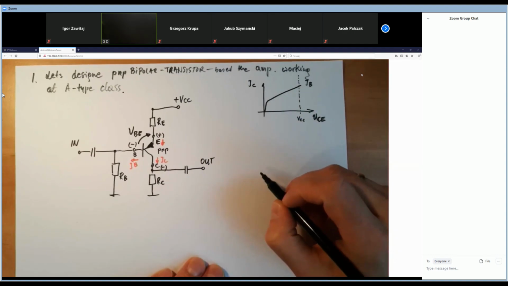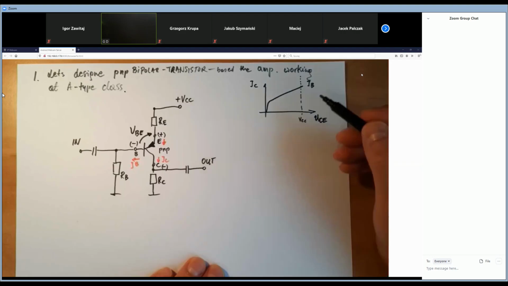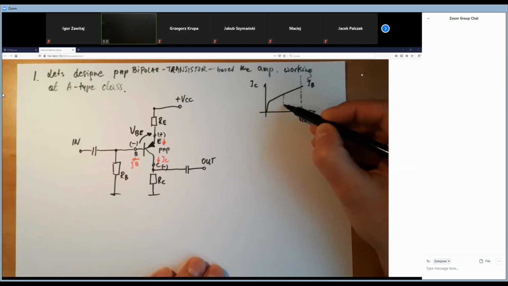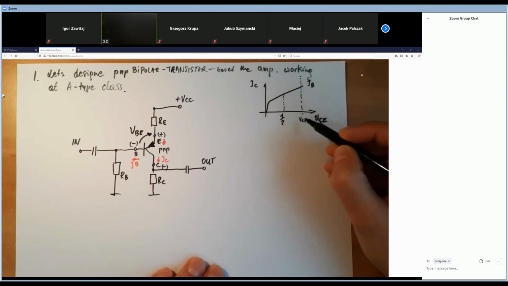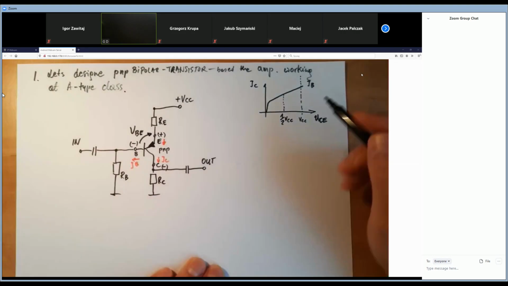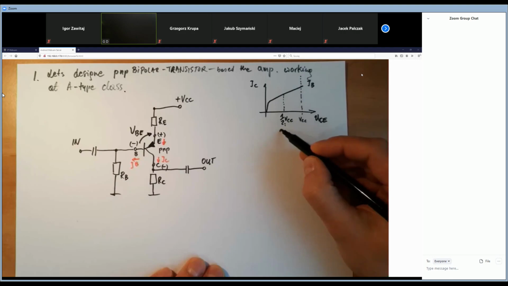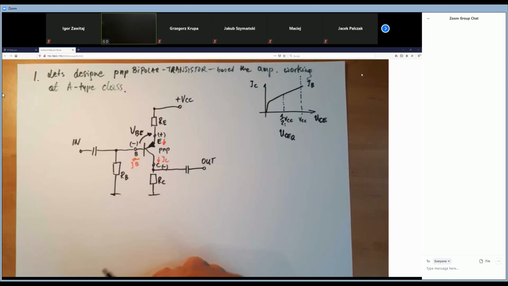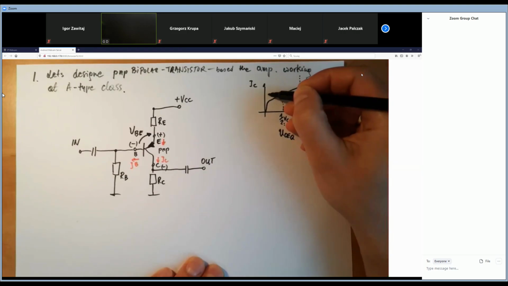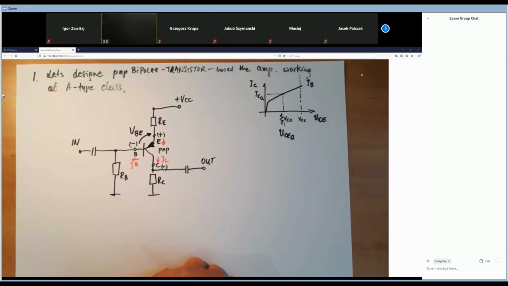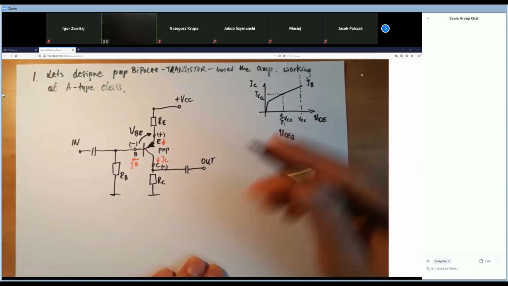And to get the A-type class amplifier, the DC voltage of the collector should be around half of VCC. So this point is our UCEQ. This is the working point for the transistor, which gave us the ICQ current point for the transistor.